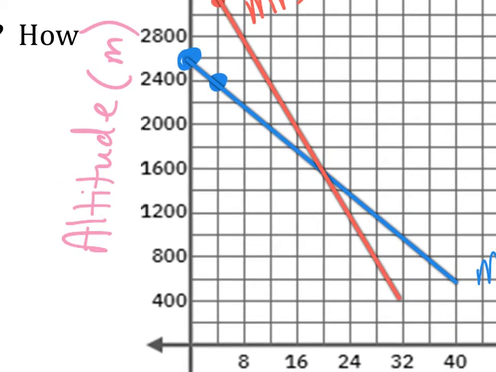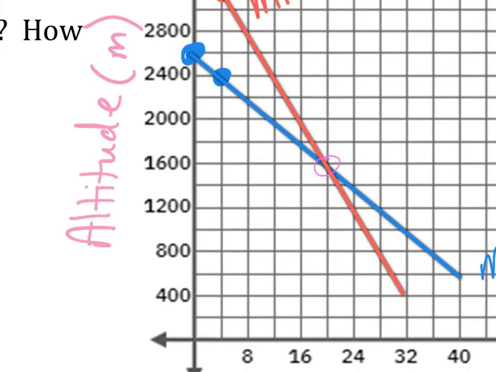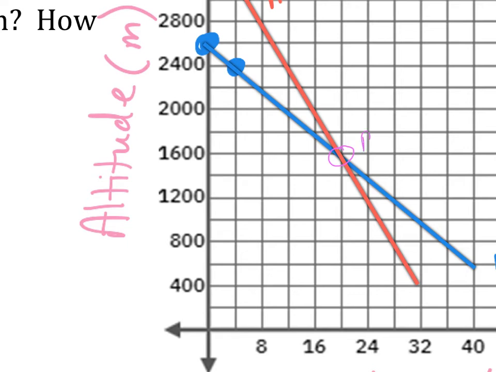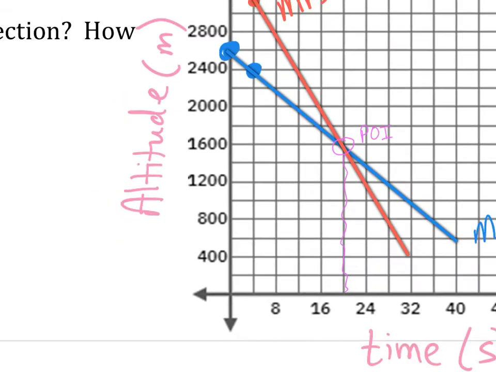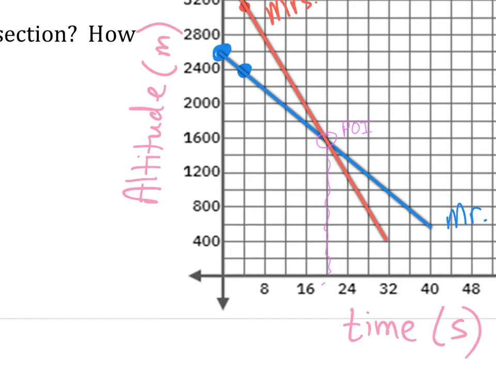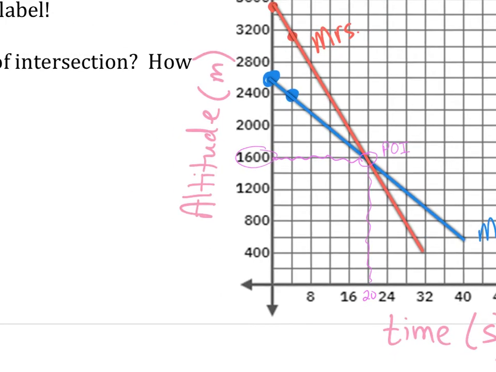So the point of intersection is, as it says, where the two lines intersect. So the two lines intersect right about there. And that's the point of intersection, which we often call POI for short, point of intersection. And it occurs at a time of 20 seconds and an altitude of about 1600.